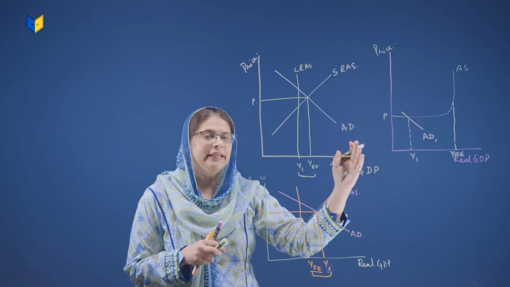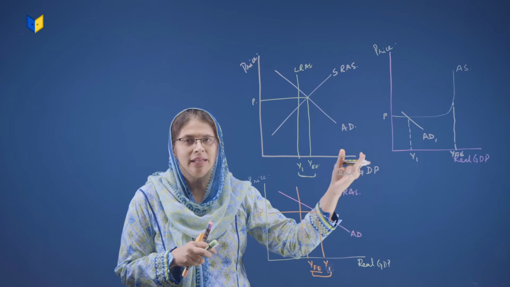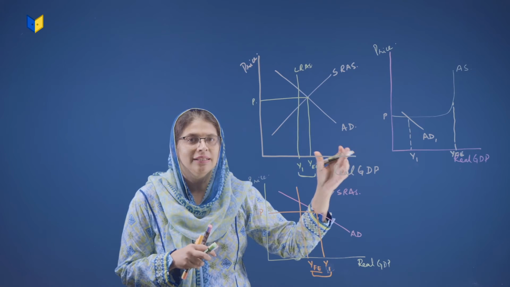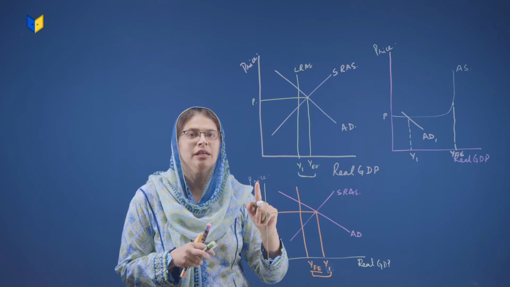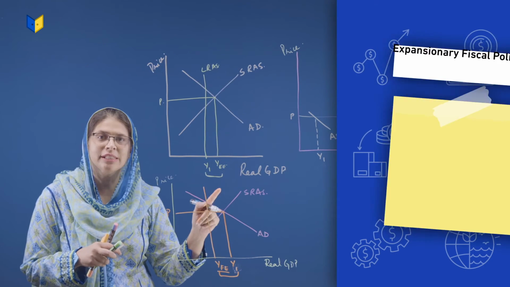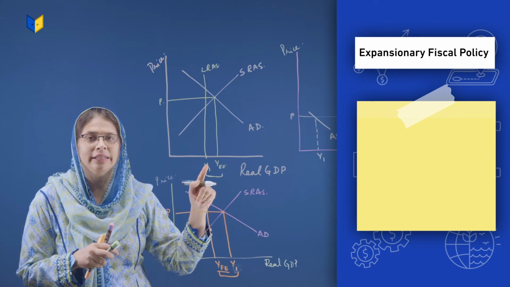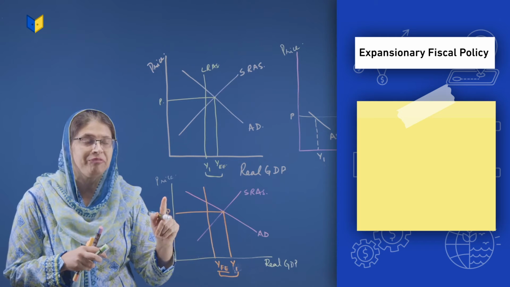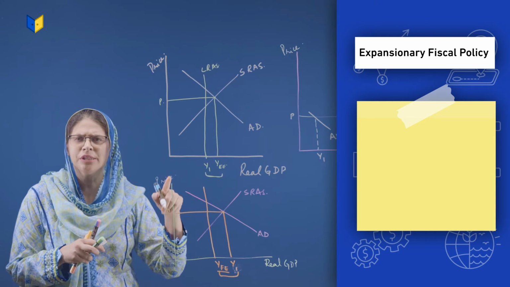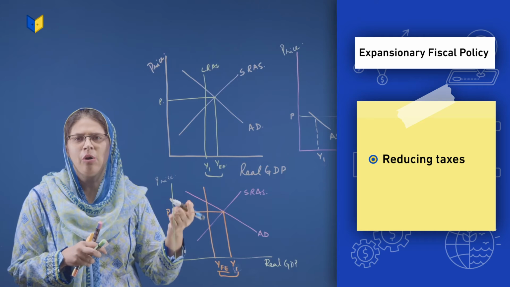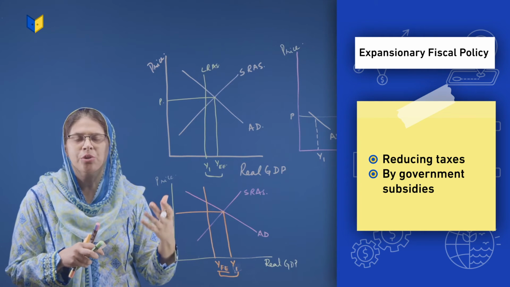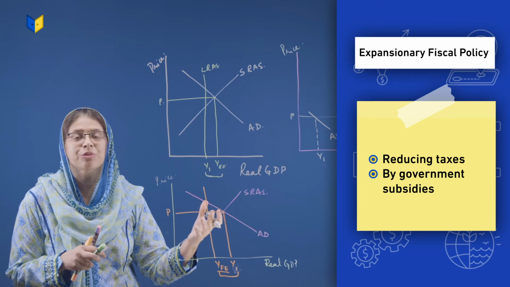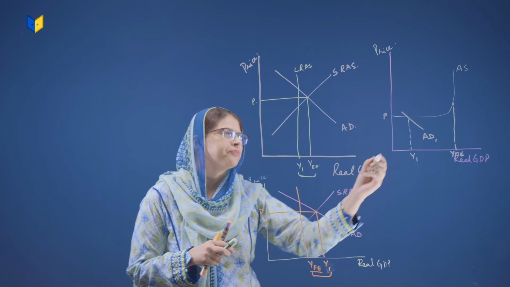So there is still a capacity that we can increase the aggregate demand. ठीक है, we can use the expansionary fiscal policy. हम अपनी डिमांड की एक्सपेंशन करें, expansionary fiscal policy by reducing the taxes or by it is that the government can give the subsidies. So in this way we can use the expansionary fiscal policy.